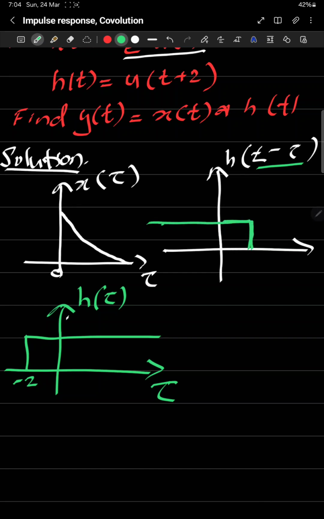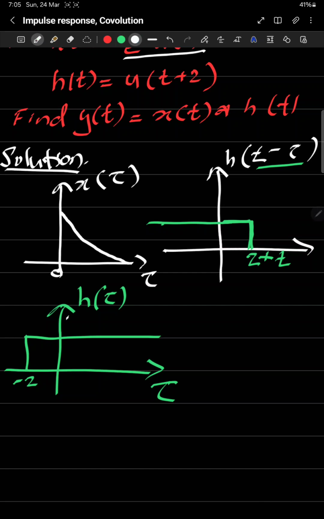That means taking the mirror of the signal about the y-axis. So this point will be 2. Then you have to shift it by t units. A right shift by t units means it will be 2 plus t. This point will be 2 plus t. So this is the signal h of t minus tau.